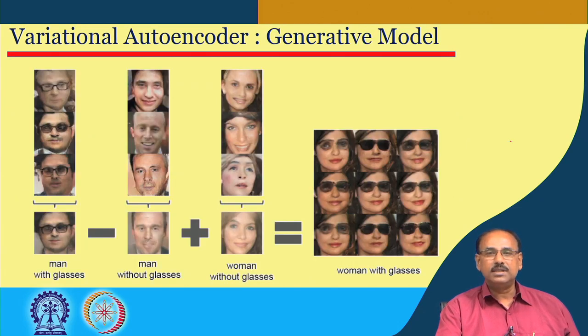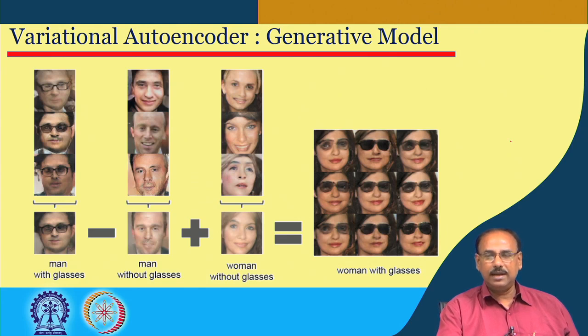So, a set of results on this. It says that we had a set of images of men with glasses, and we also have a set of images of men without glasses. You subtract these two, you get the latent code of the glass. Then you have a set of images of women which are without glasses.